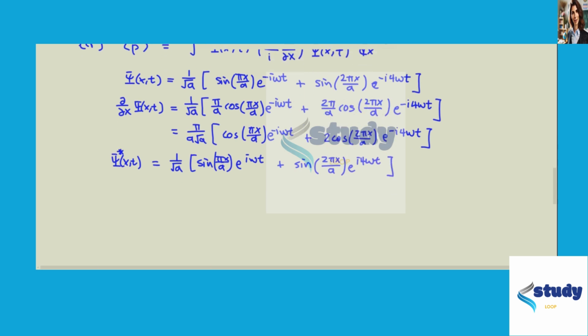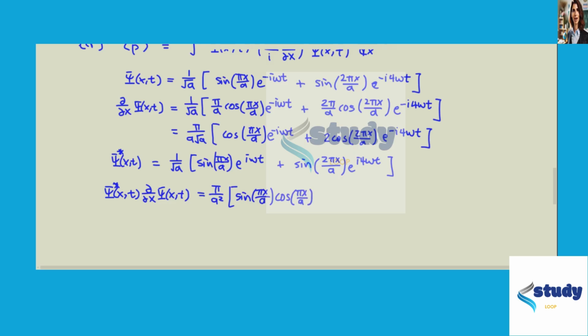So this is the complex conjugate, and then we are going to multiply the psi star with the d/dx of the psi. So we have pi over a squared, sine pi x over a cosine pi x over a.